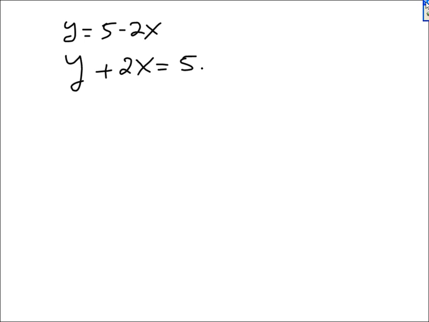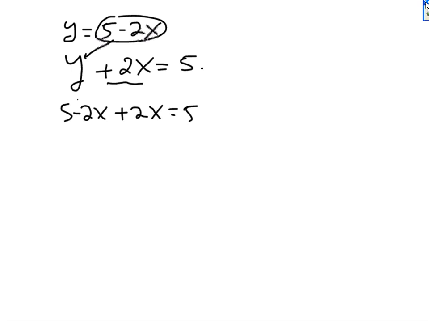So this is another way of writing y. You can plug it in right there: 5 minus 2x plus 2x equals 5. Well, if you take away a number and you add it back, it's as if you didn't deal with that number at all. You have 5 equals 5.